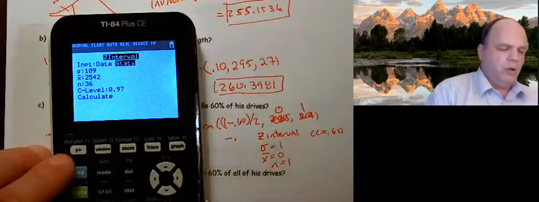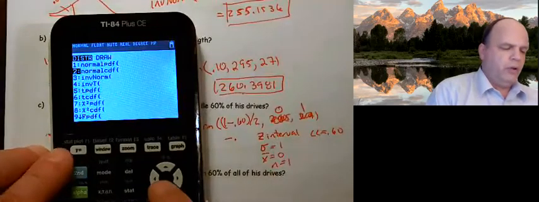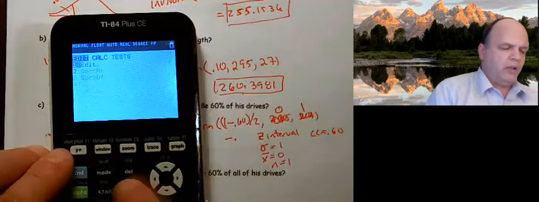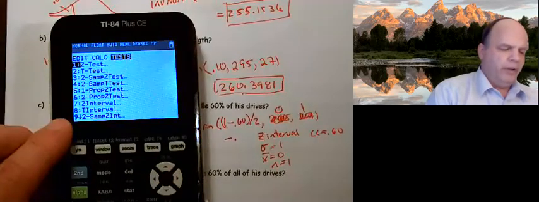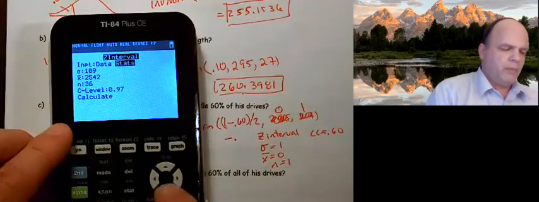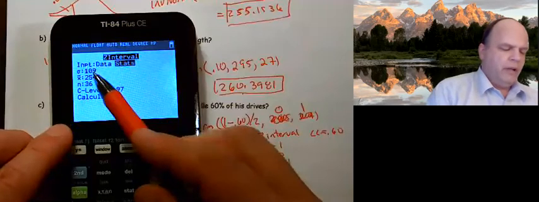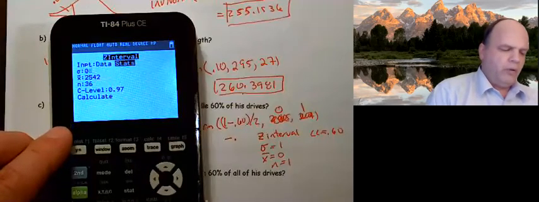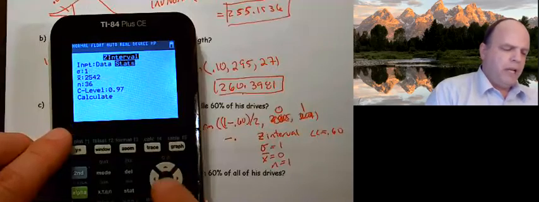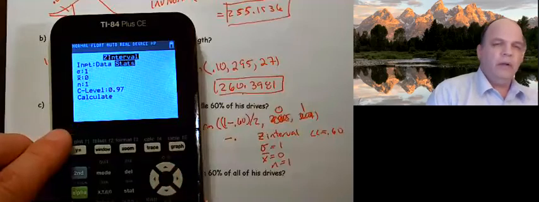So I don't know if you'll like this better or not, but if you go this route, this will be the work shown. So stat, test, number 7. And I have standard deviation of 1, mean of 0, and an n of 1.